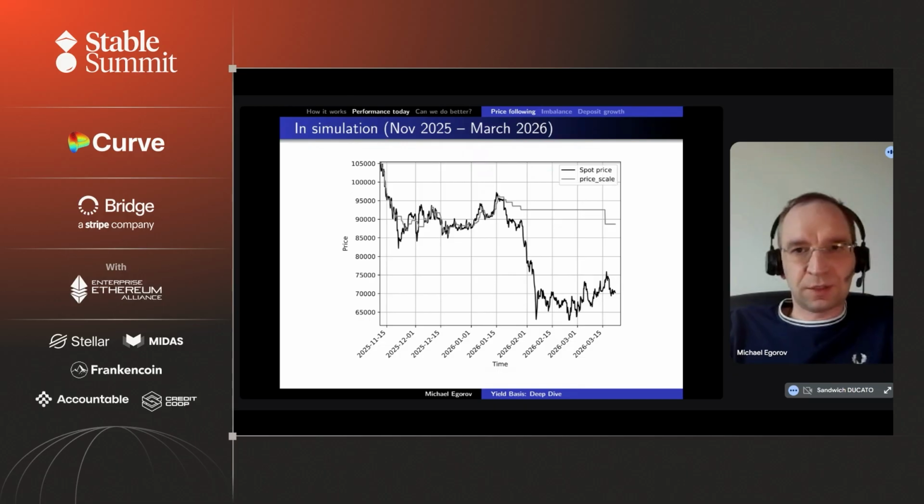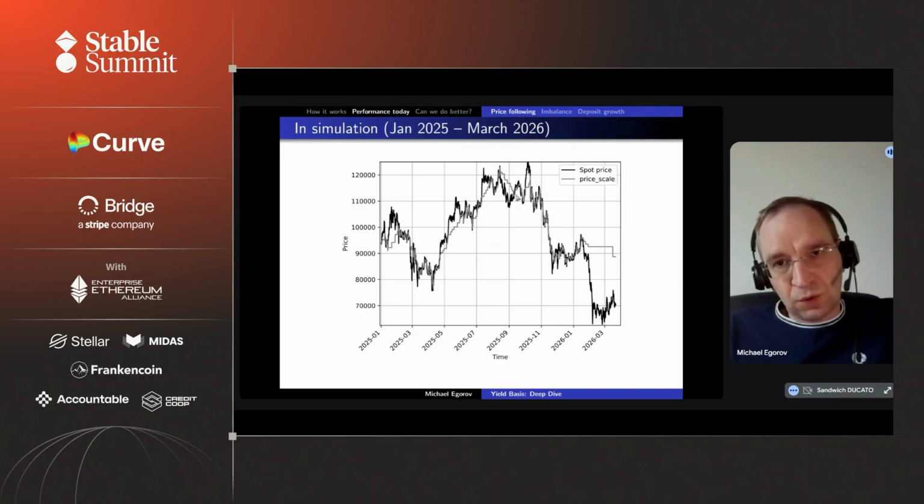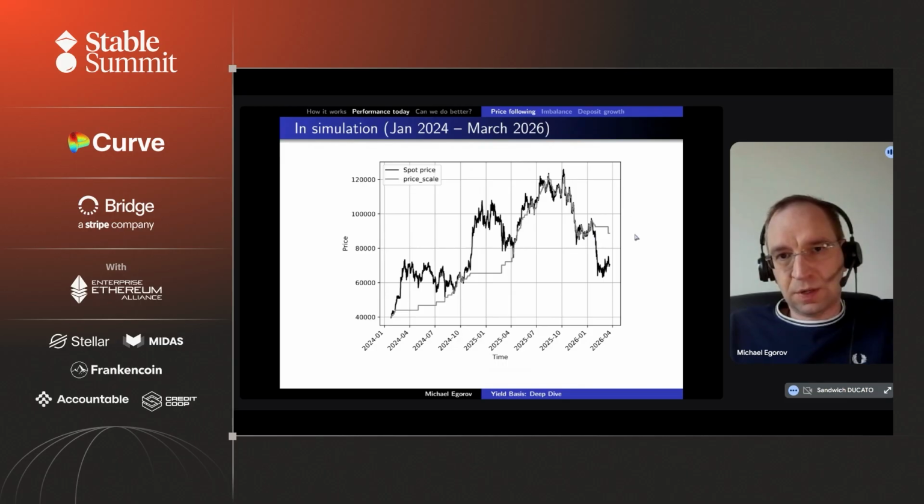And anyway, what does it affect? Well, first of all, let's actually zoom out. It looks like it would have followed actually pretty well over year 2025, but then volatility became a little bit higher than before in the short-term volatility. But this is comparable to what we would have seen in 2024.